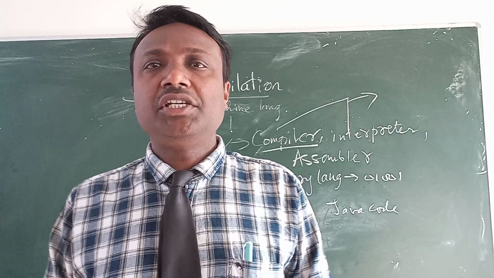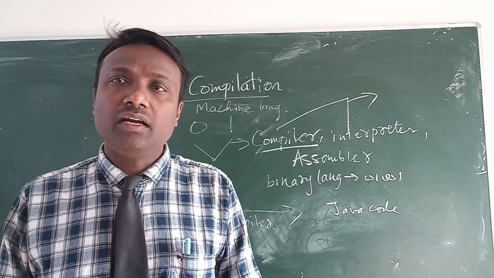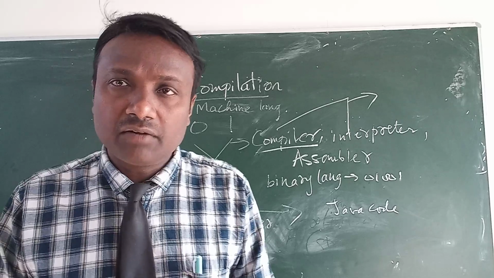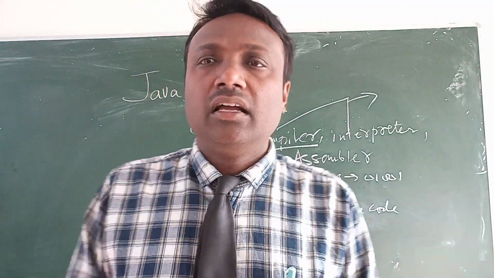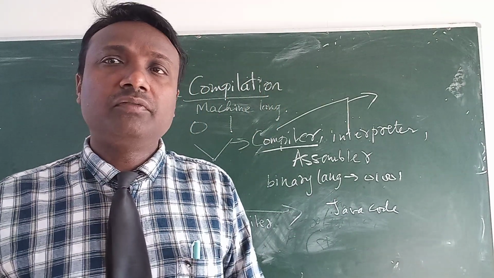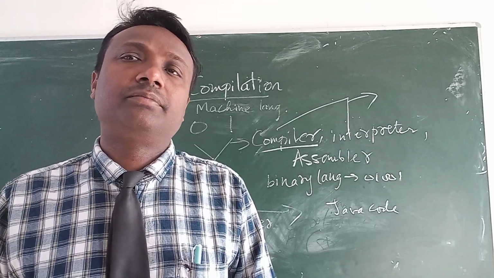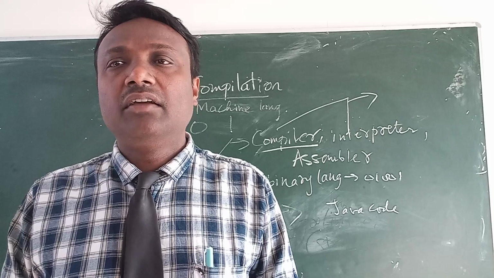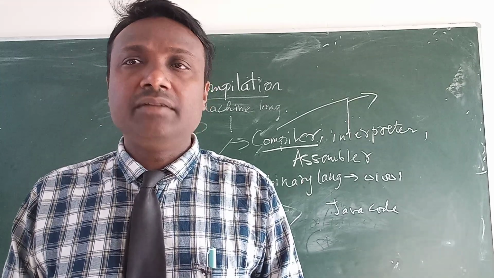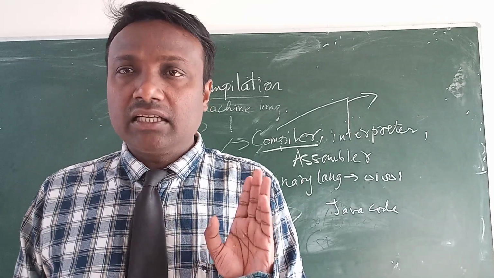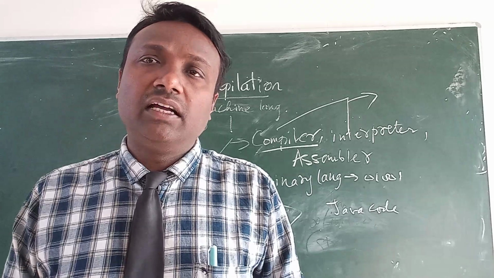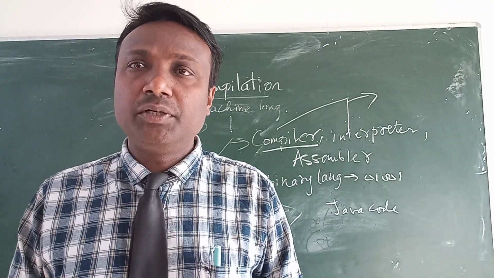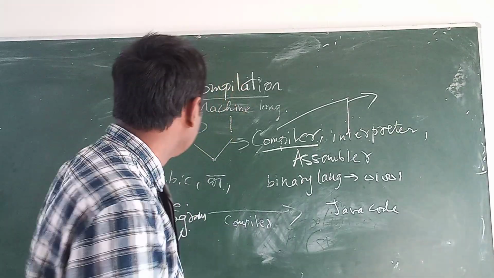But with the advancement of technology and the hard work of scientists, they were able to develop a language which is independent of the platform, and Java is one such language. The compiler of Java does not produce machine code straight away, it actually produces Java bytecode.